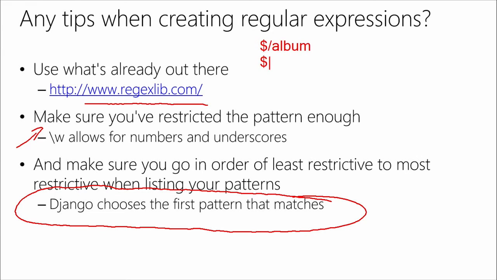And then I wrote another one that said $/album/ and let's say backslash W plus. Plus sign, there we go. OK, so let's say that I wrote those two patterns.